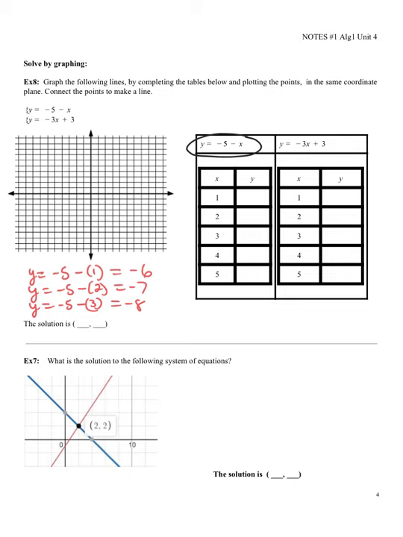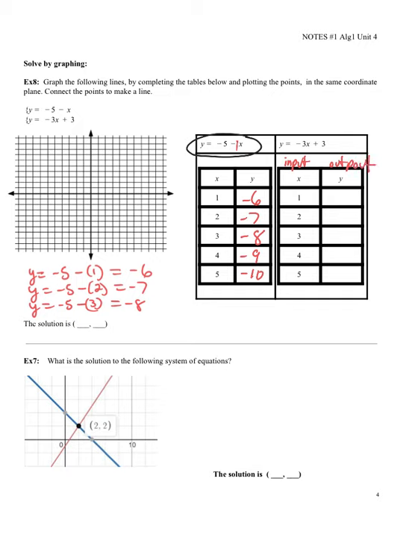So if I plug in 1, it's going to be -6, -7, -8, -9, -10. I don't know if you notice a pattern, but they're going down by 1, and the coefficient up here is -1. Okay, this is my input. This is my output.